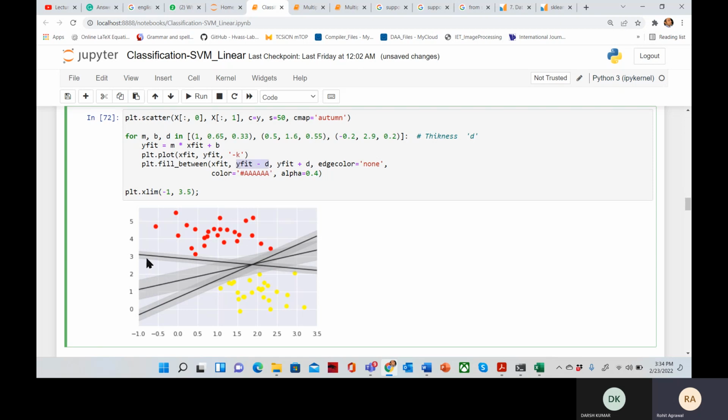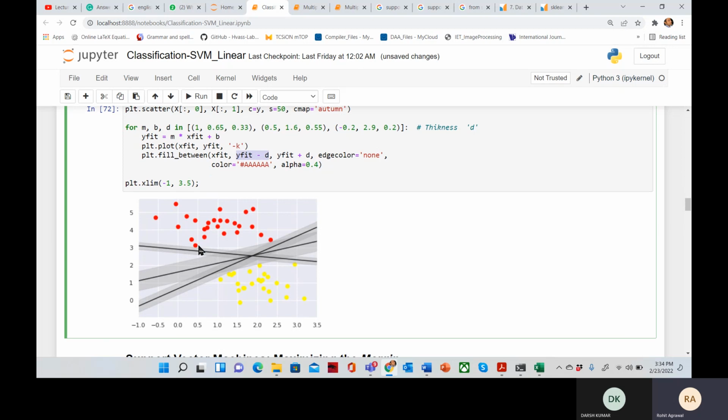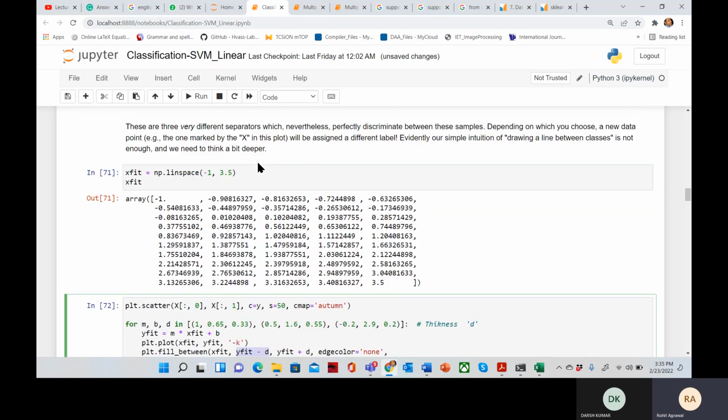This is your line y equals mx plus b, and from minus d to plus d, I am just filling this space. So I am using some kind of margin, and we assume that if data points fall in this margin, we can justify whatever we want to do. So we are using some kind of margin here. The same thing. This is clear?